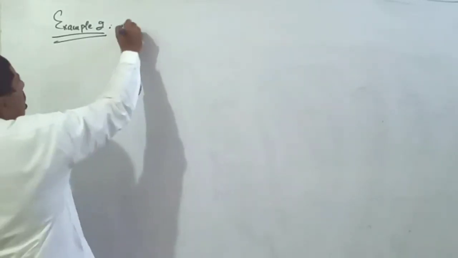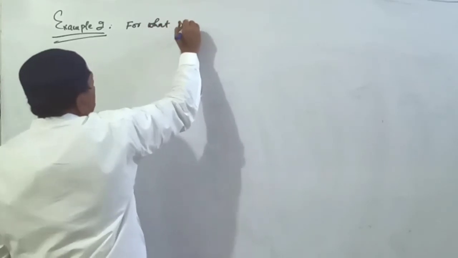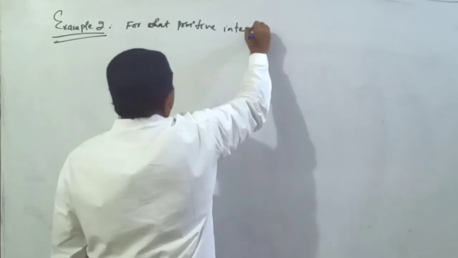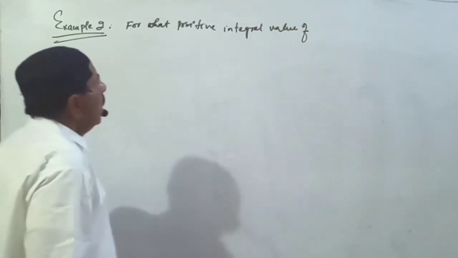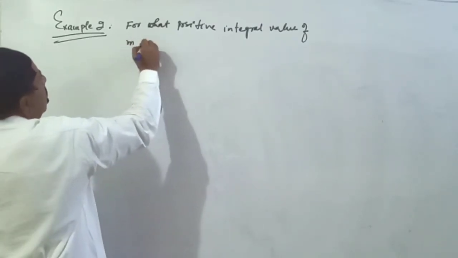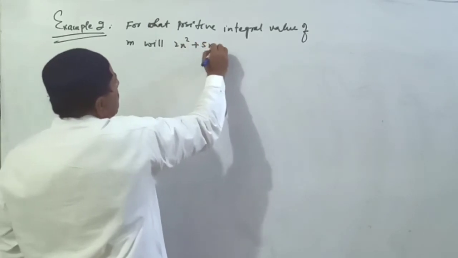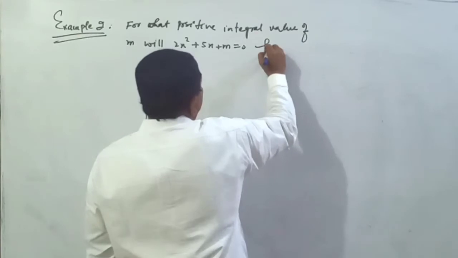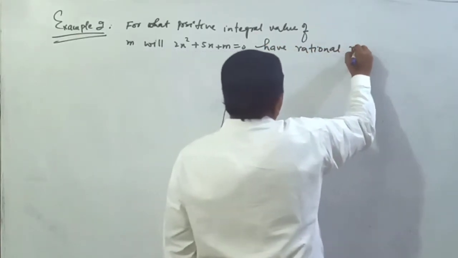Example 2 is, for what positive integral value of m will 2x square plus 5x plus m is equal to 0 have rational roots?